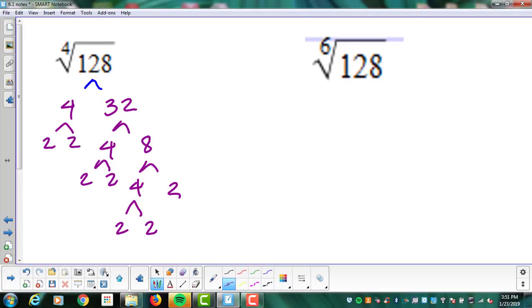So I'm looking for groups of 4. So there's a group of 4. And now I don't have another group of 4. So the ones that didn't make a group have to go back underneath the radical. So I have 1 from the group, and the fourth root of 2 times 2 times 2, which is 8.